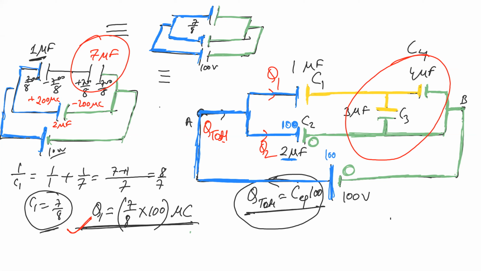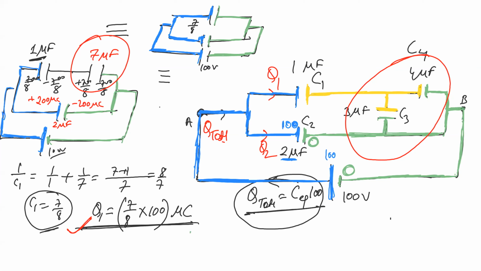Otherwise, if it is involved with them, then we have to see the equivalent and then calculate. But since it is directly connected, it is working independently with the battery. The battery positive terminal will directly create 0 potential. The battery negative terminal will directly create 100 potential on the plate. That's all. We don't have to go and see any other capacitor.